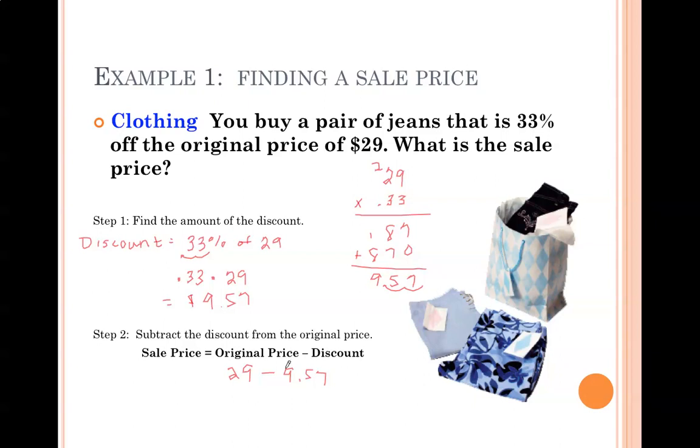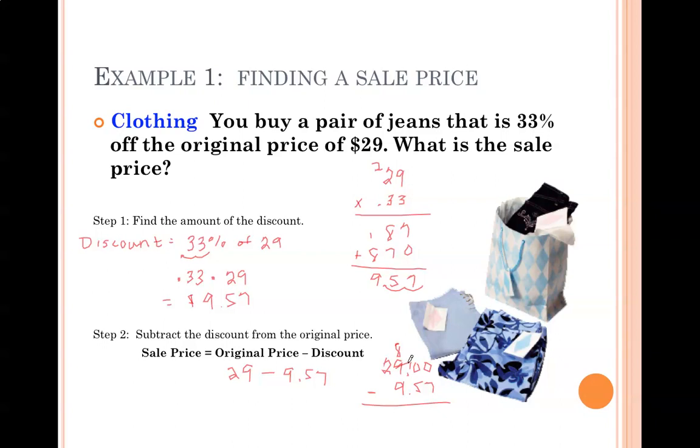Now be careful because you want to line up the decimal places. So I have 29 minus 9.57. All right, so I need to add a decimal and then add 2 places on top. All right, so let's subtract. We have 9. We need to borrow.